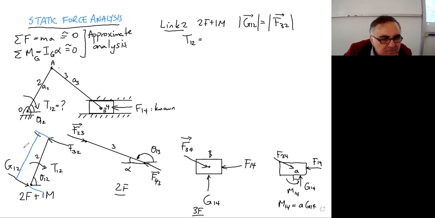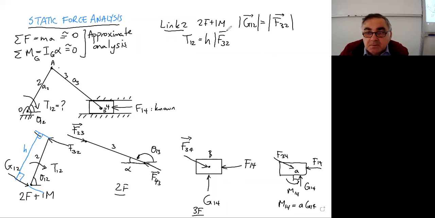So this is H. Okay. P12 is equal to H times, well, G12 or F32, the magnitude of the force.